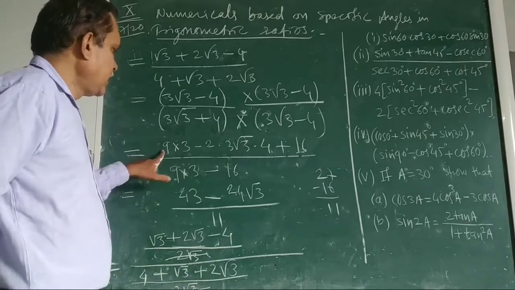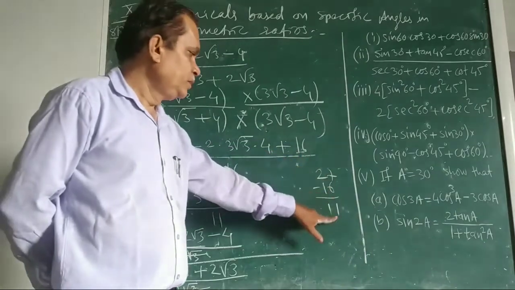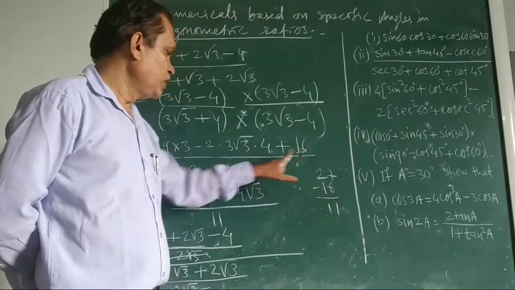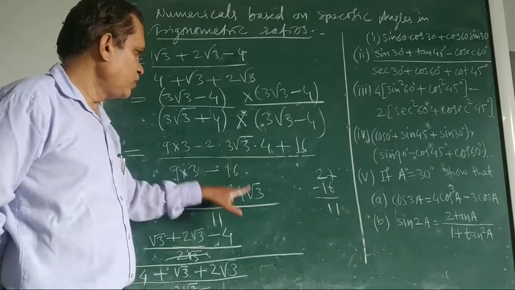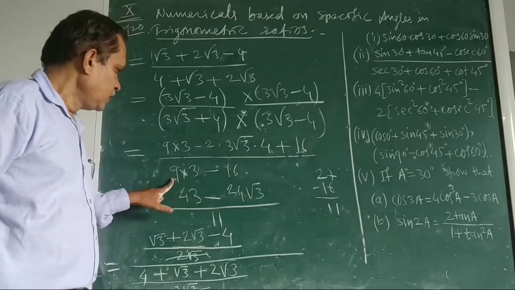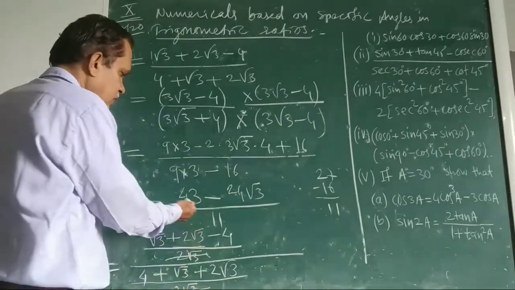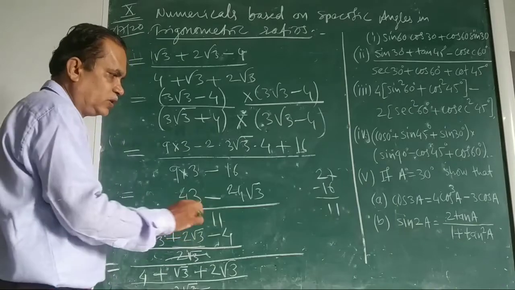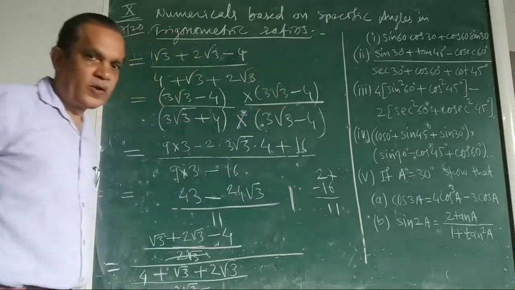See. 9 3 27 plus 16, 43, minus 24 root 3. 27 minus 16 is 11. Now further see, there is nothing common. This answer is finished.